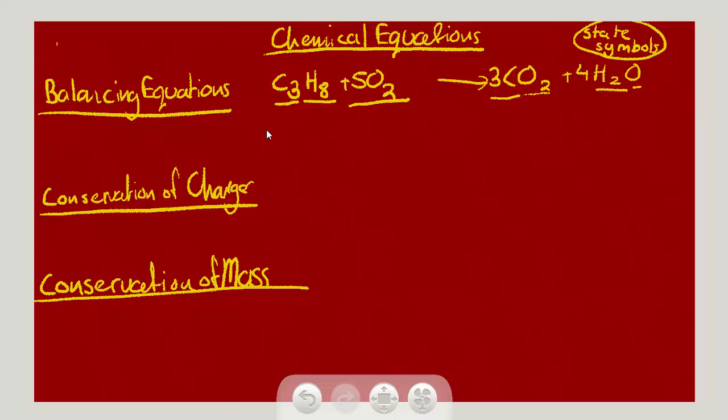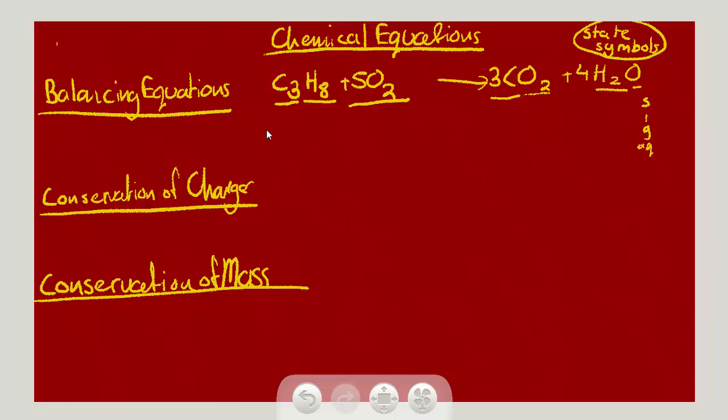Another important thing to consider is state symbols. State symbols are basically a way of indicating the state or the type of matter the compound is in. For example, there are 4 different types: S, L, G, and AQ.